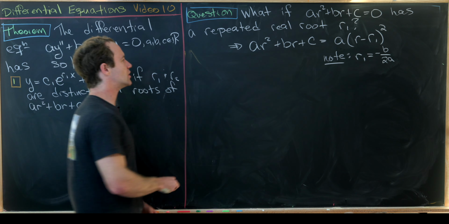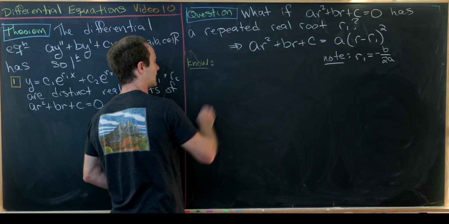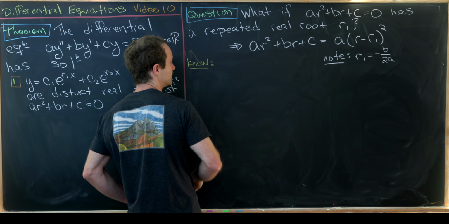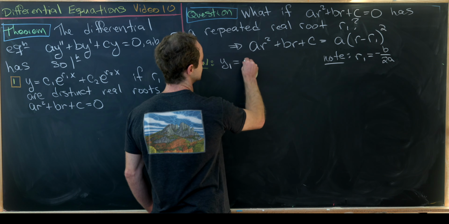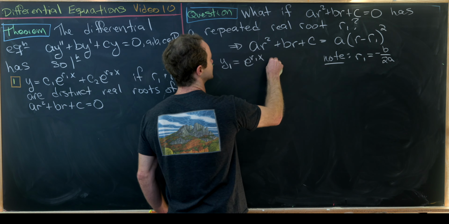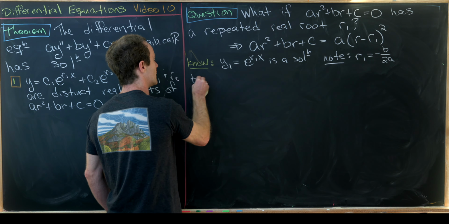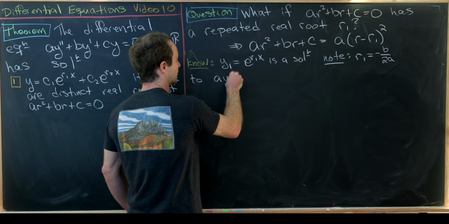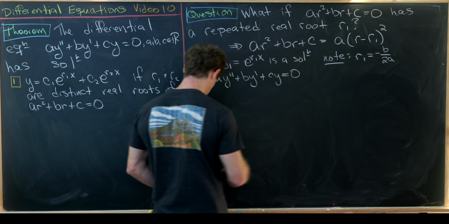Okay, so what do we know so far? What we know from the claim that we already proved is that the function y1, which is e to the r1x, is a solution to the differential equation ay double prime plus by prime plus cy equals 0.